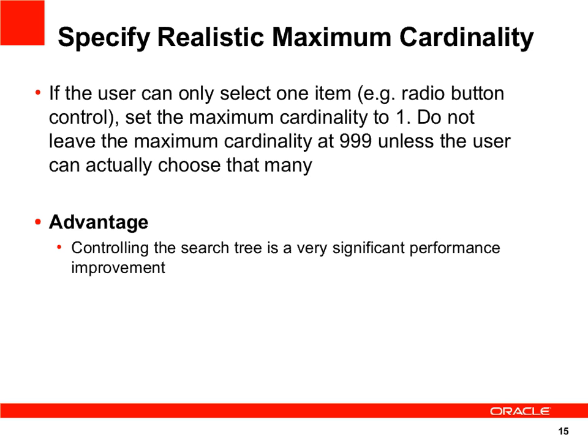The next one is based on the defaults we are using when we create a new relationship. Specify a realistic maximum cardinality. If you define a new relationship, then you will have three fields for cardinality: min, default, and max cardinality. And the max cardinality is set to 999 by default.